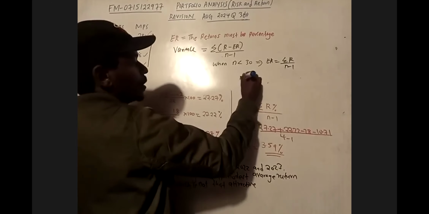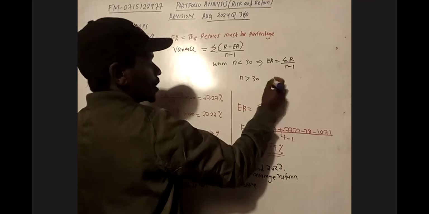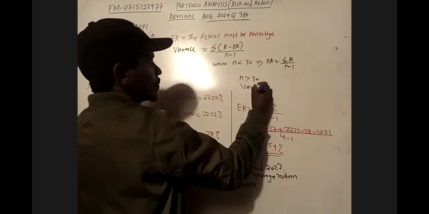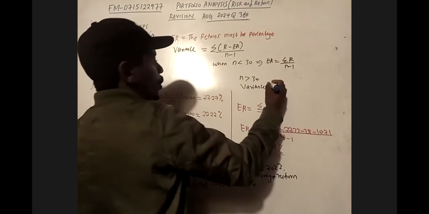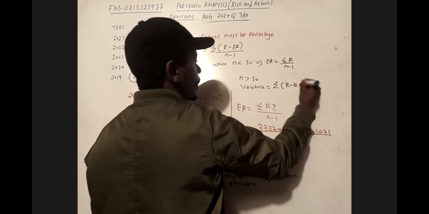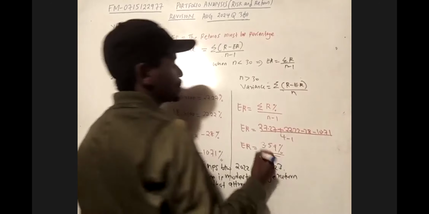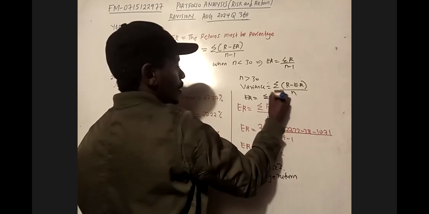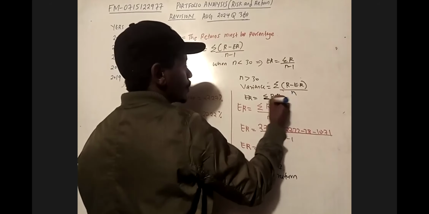But when n is greater than 30, you just divide by n. So the variance will be equal to the summation of return minus expected return over n.